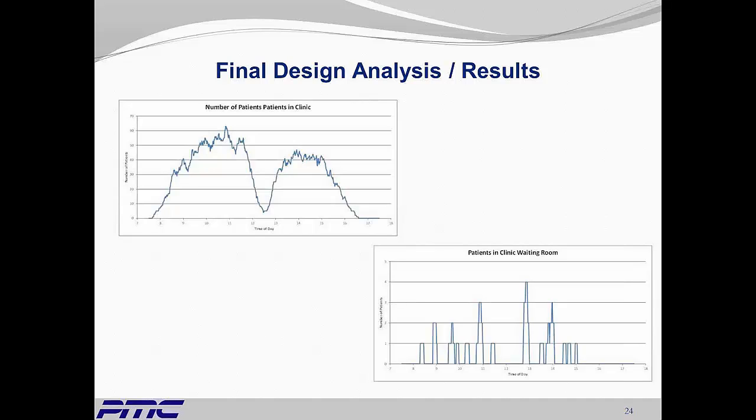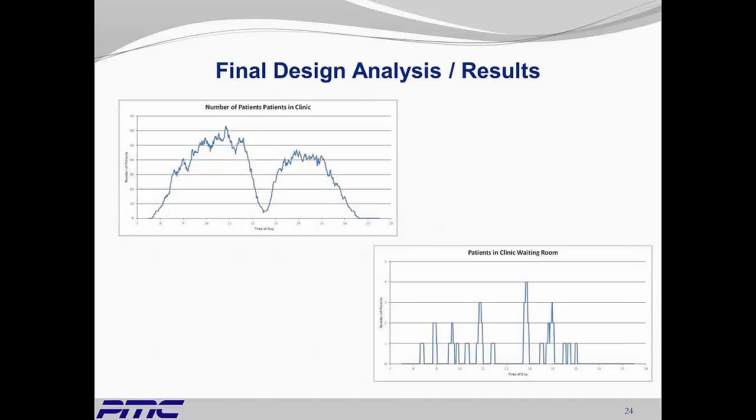So on this final design analysis, we have scenario number 6 applied to the entire floor, and we have the projected demand from the clinic, and we look at final design results again.